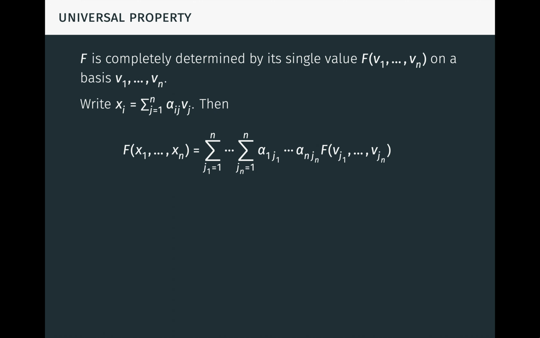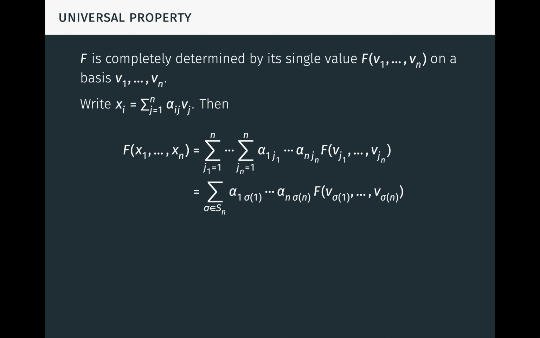Notice we've used the index variable j1 for x1, j2 for x2, and so on up through jn for xn. However, since F is alternating, F will be 0 whenever two of the j's are equal, so a lot of these terms vanish. We only need to sum over the terms where all of the j's take on distinct values from 1 to n. That is, where they form a permutation of 1 to n, like this.